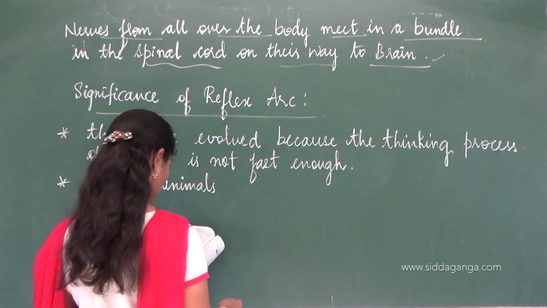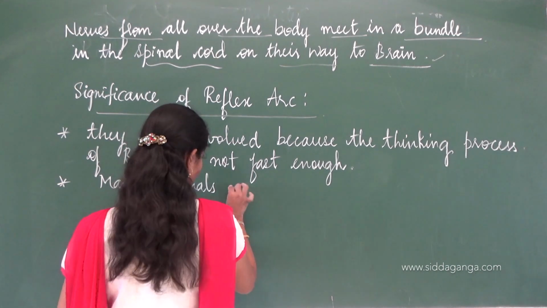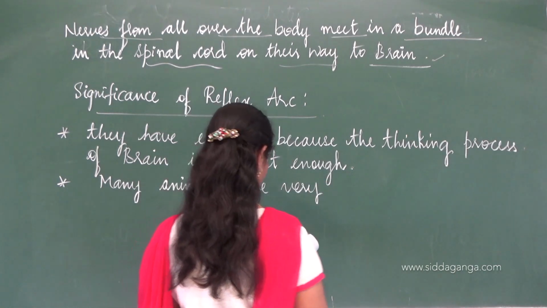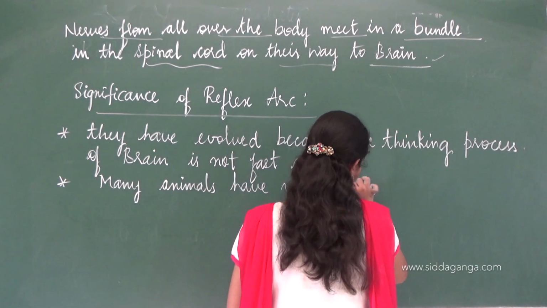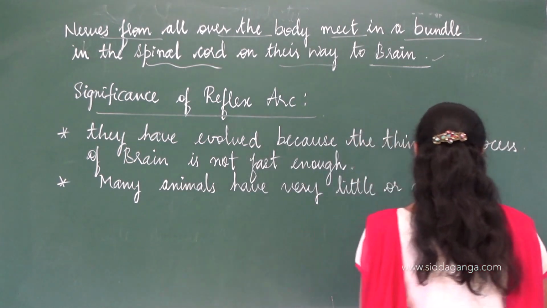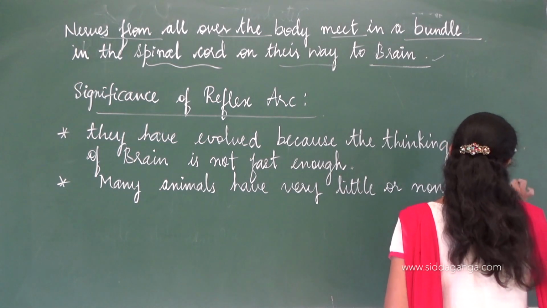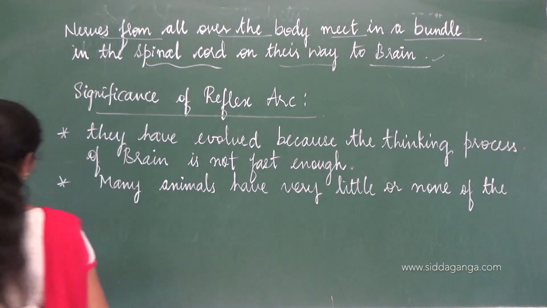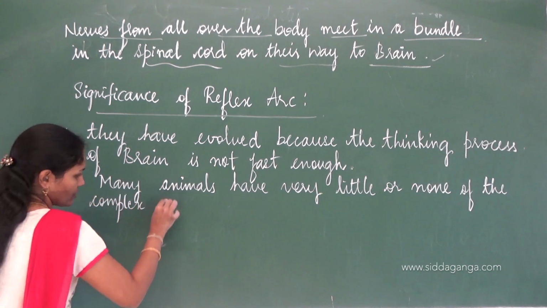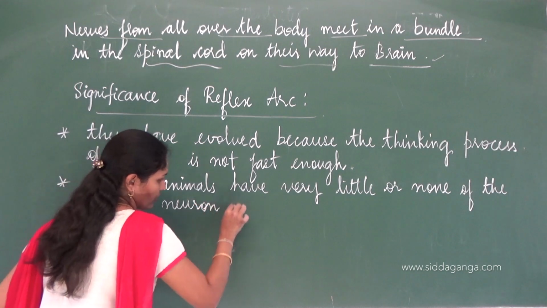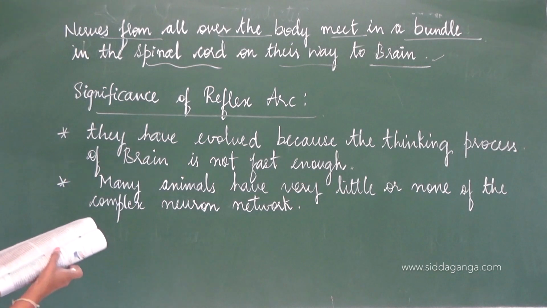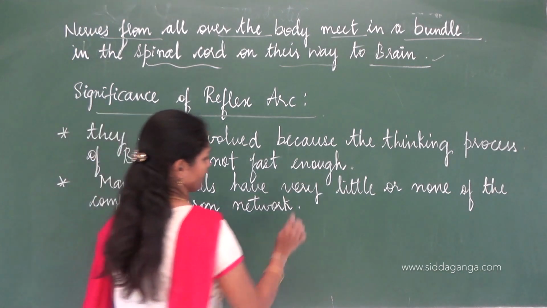Many animals have very little or none of the complex neuron network needed for thinking.